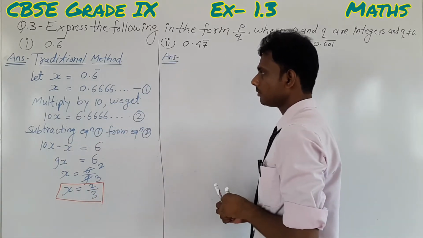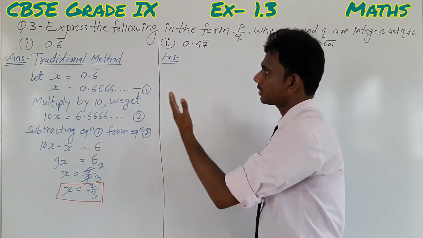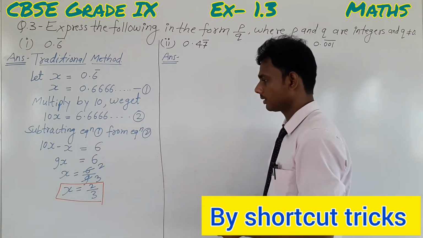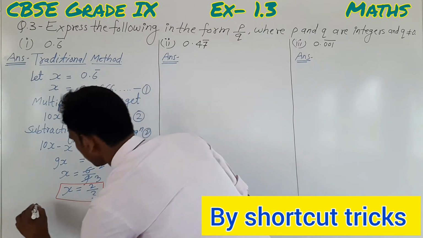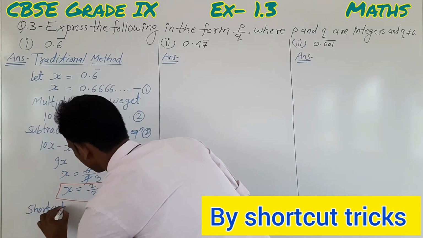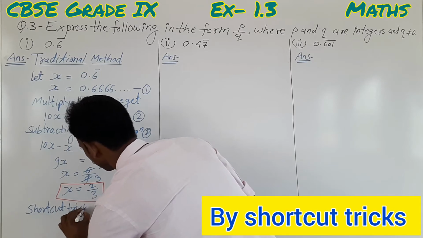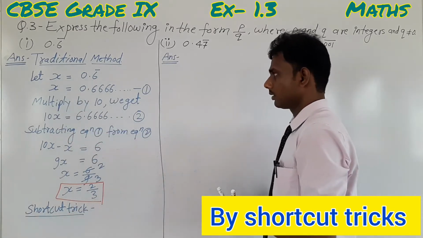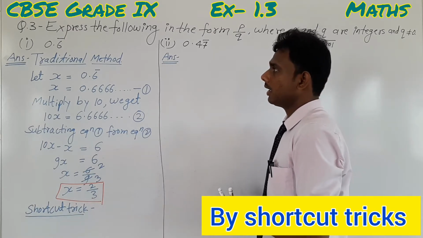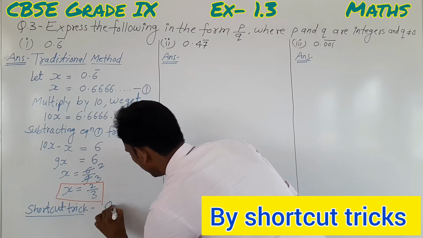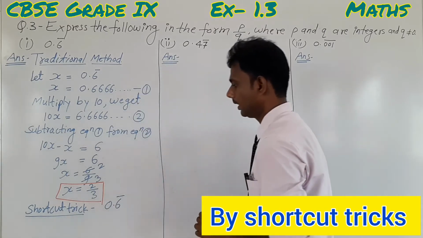Now we have to solve this question by the shortcut trick. First of all, you write the number, 0.6 bar.